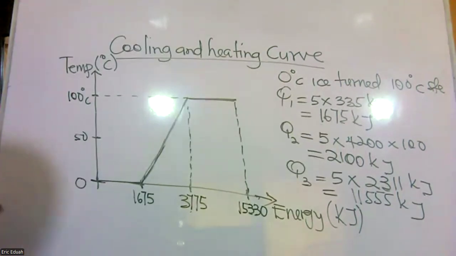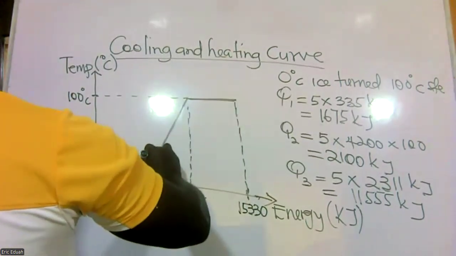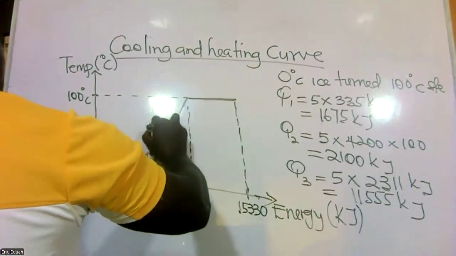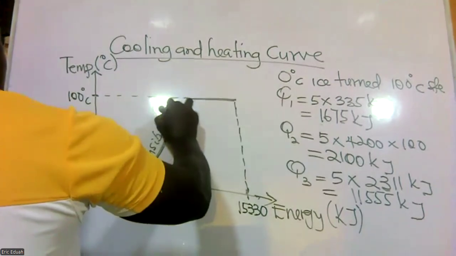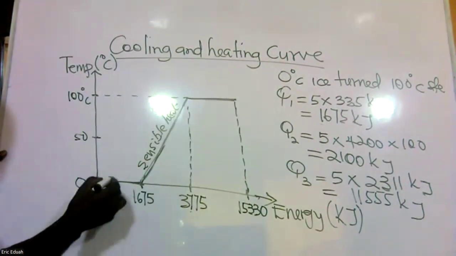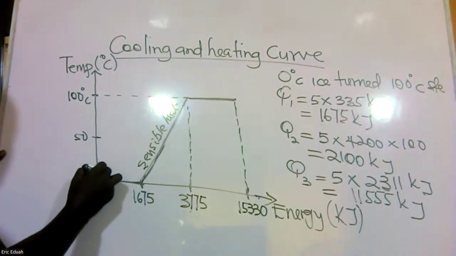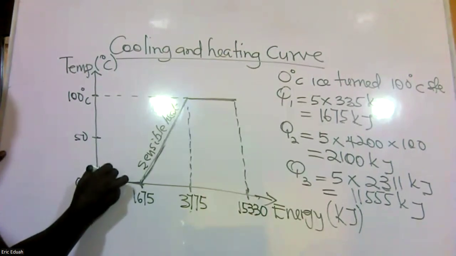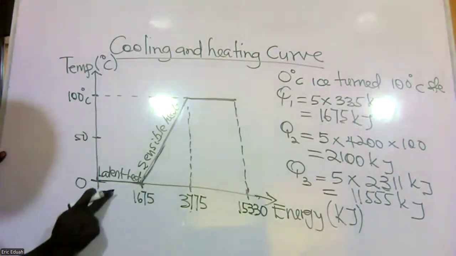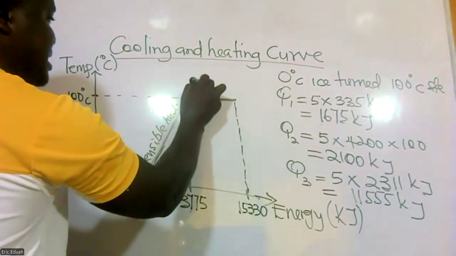Things to denote whenever you see a gradient, then the gradient denotes sensible heat. So we have sensible heat here. On a heating and cooling curve, 0 gradient means latent heat. Latent heat over here, and then another latent heat here.